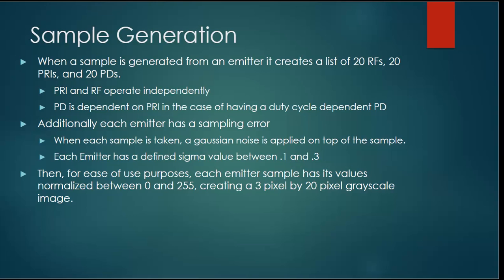And then for our purposes, each emitter sample has its values normalized to between 0 and 255, and this creates a 3 pixel by 20 pixel grayscale image.